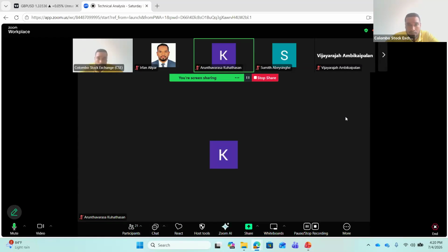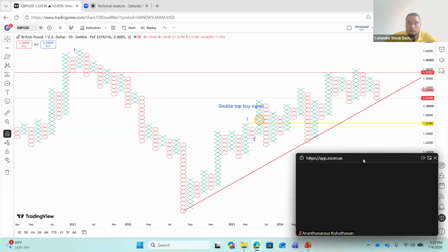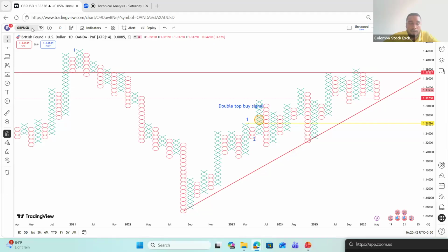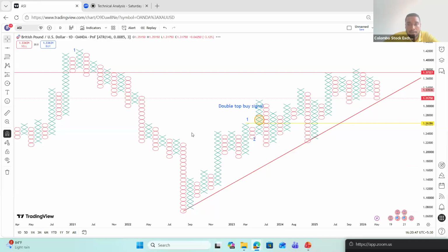So they need to borrow and enter into trades. For them, technical analysis is really important. And in the Sri Lankan stock market also, you can explain all price movements by looking at technicals.